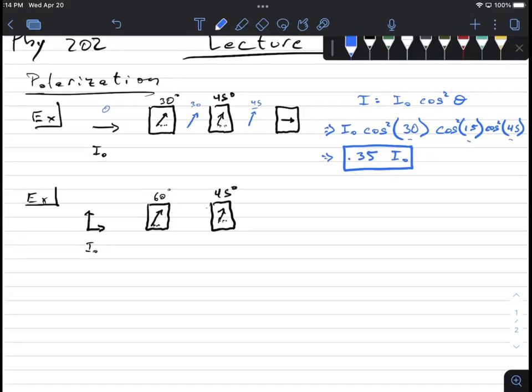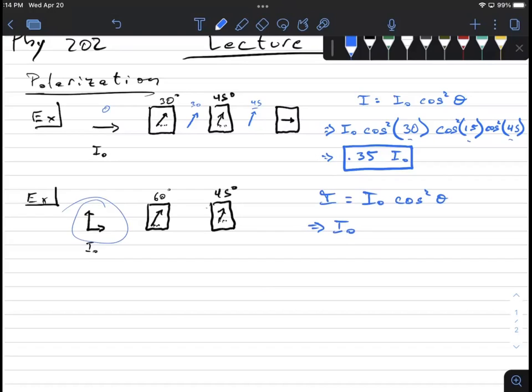All right, well, we're going to do a similar thing, exactly the same way, except now we have a little bit of a difference because unpolarized light works slightly different than polarized light. We're still using the law of Malus. I is I naught cosine squared theta. And so we start with I naught, but now what happens is, because unpolarized light, all it really means is it's random.